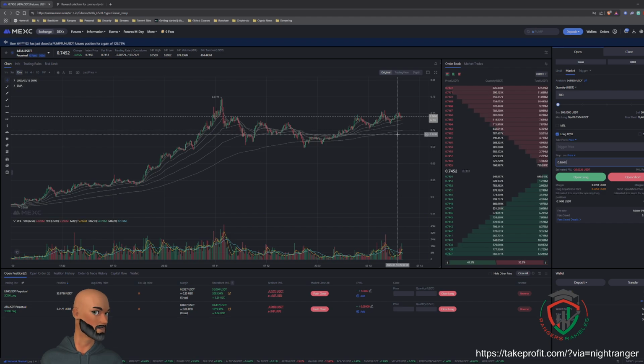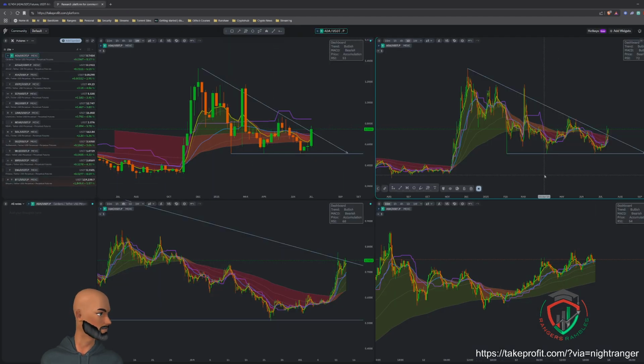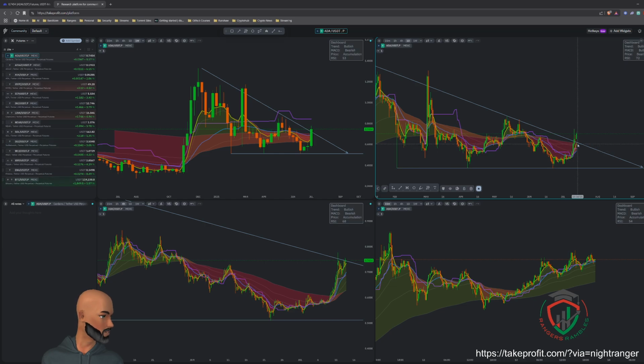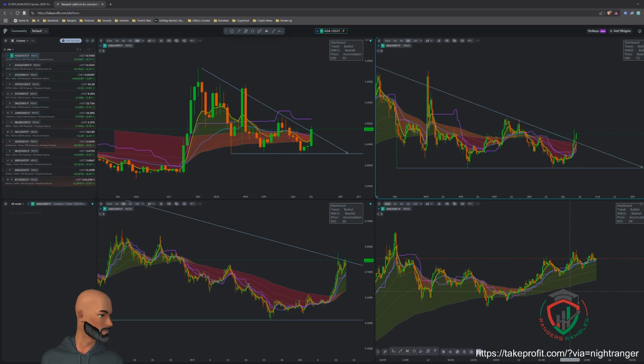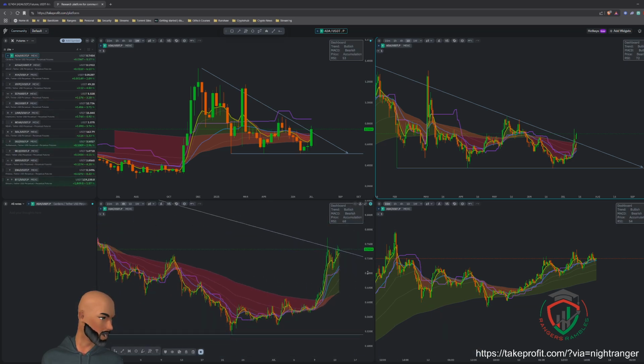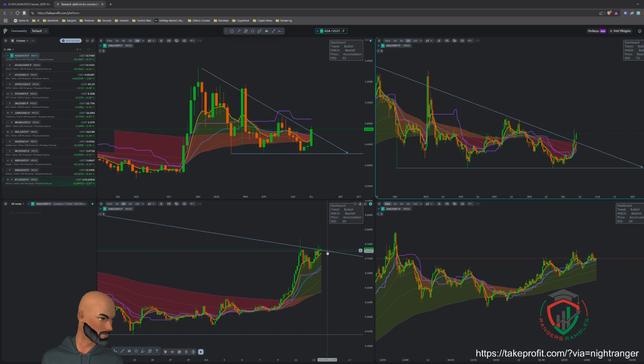Let's have a look. How confident am I? Not that confident. And to put it safe on Cardano, you want it 6743. On the 4 hour, it's not quite flipped it. On the 4 hour, to keep it safe, you're looking 7237.